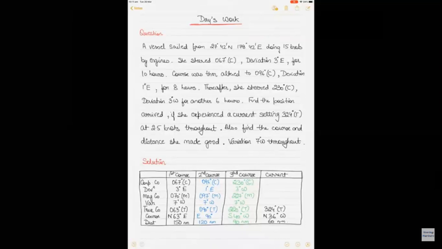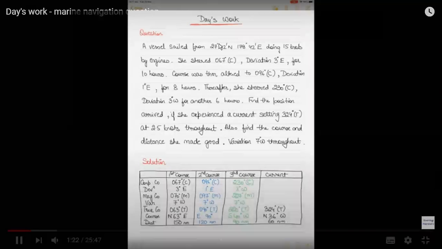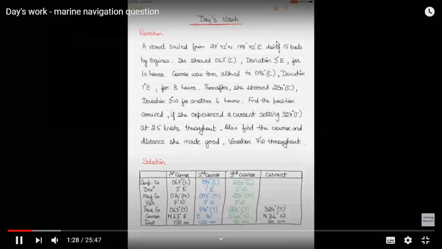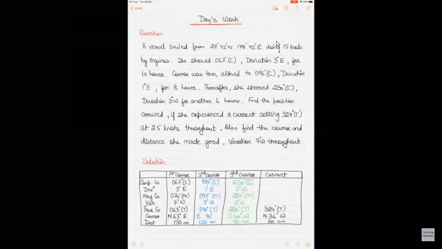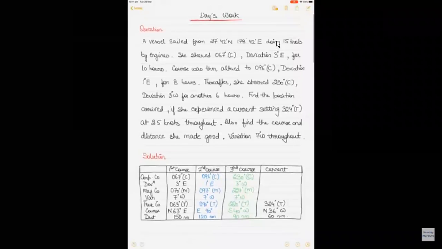It's the easiest way. Traverse tables are also quite easy, but you should know how to use them. The answer in both cases will be the same, whichever method you use.